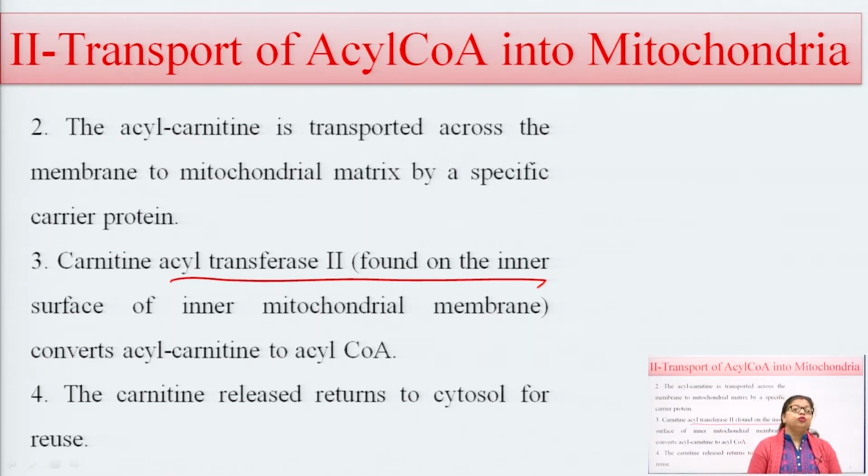So, carnitine is used for the transport of the acyl group of fatty acid from the cytosol to mitochondria, because mitochondria are impermeable to fatty acid.